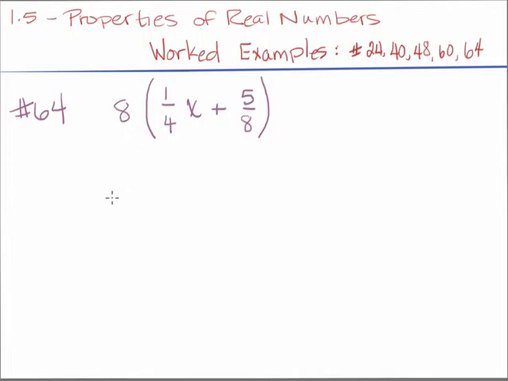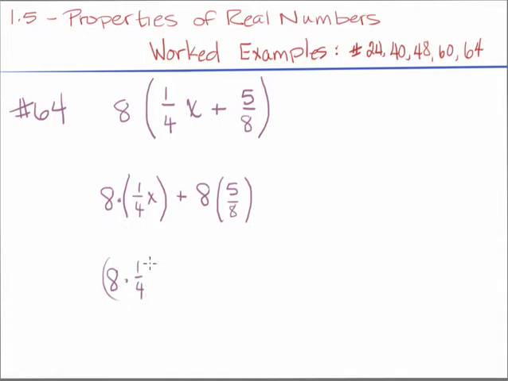Distribution gives me 8 times 1/4 x plus 8 times 5/8. Reassociating these numbers gives me 8 times 1/4 times x plus, this is going to be 8 times 5/8.